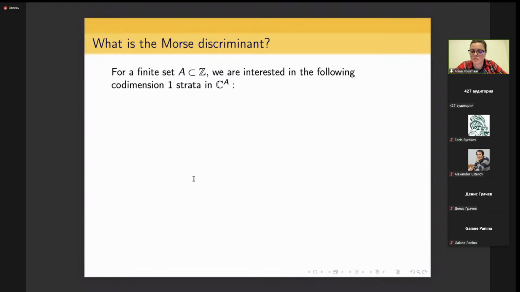Still, we just don't apply these translations of the variables. I don't know how to answer that question in a sophisticated way, but all the changes of variables that we are allowed to do in this setting are just invertible monomial changes of variables. So that's all I can say in this situation.